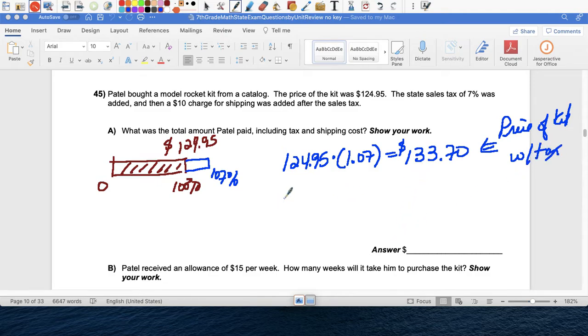And then on top of that, plus the $10 for the shipping, that's going to give us $143.07. So that's his final price. That's what you would write here.